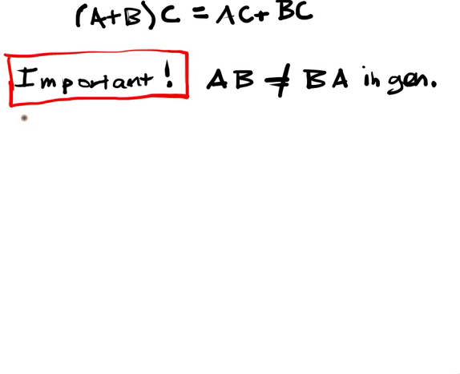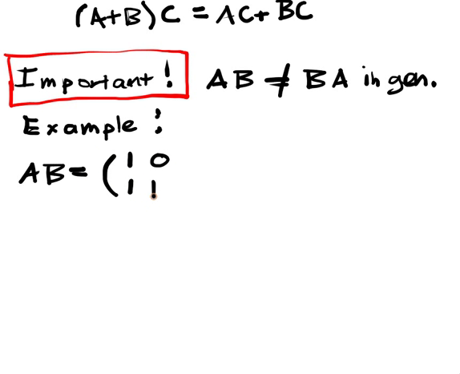So here's a really quick example why this is not the case. And only in very specific, certain interesting circumstances will this happen. So I'm going to multiply A times B, and A is going to be the matrix 1, 0, 1, 1. So they're really simple matrices.